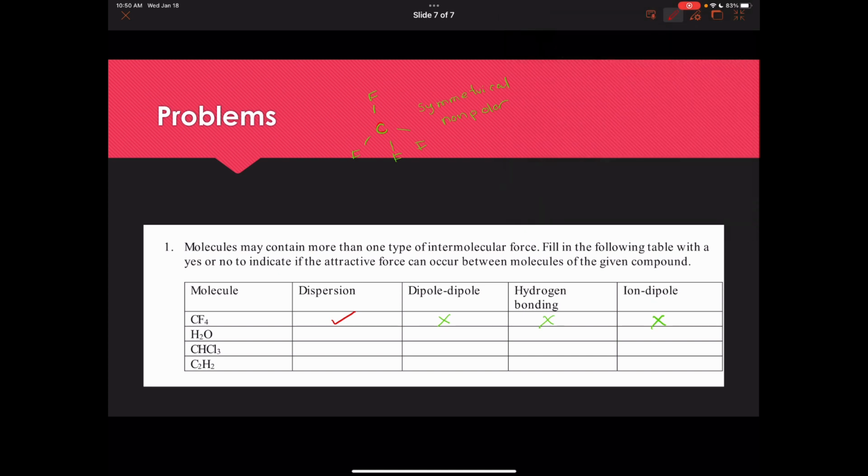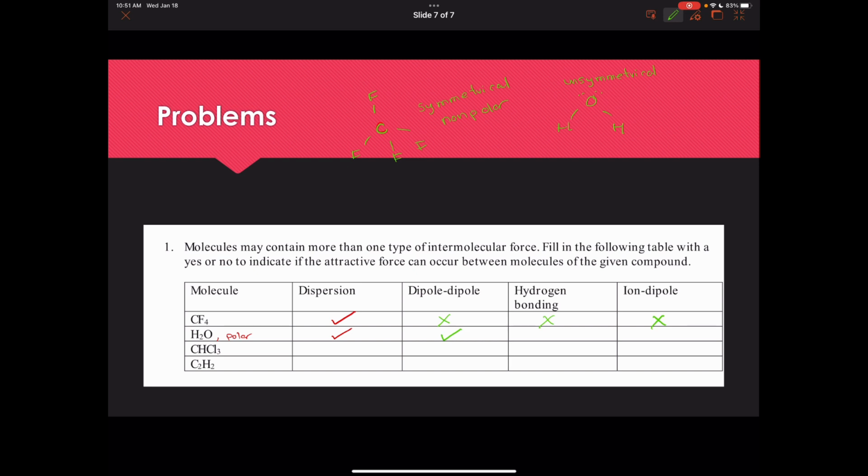Now next we have water. Again, dispersion is found in everything. Water is a polar molecule. We've got those lone pairs. The instant we see lone pairs, that makes it unsymmetrical. And since it's unsymmetrical, it's going to be polar. Since it's polar, it has dipole-dipole.